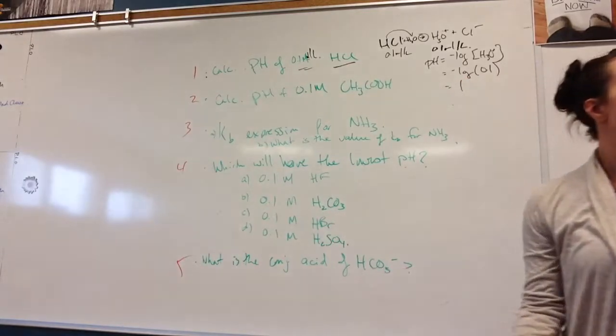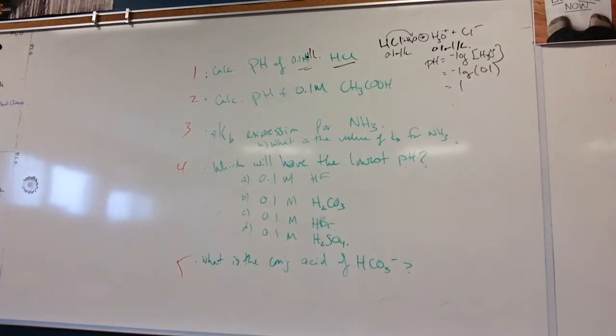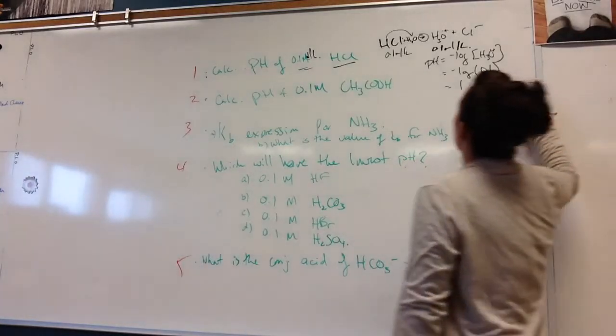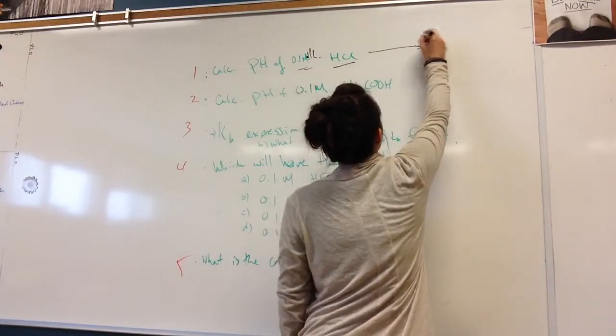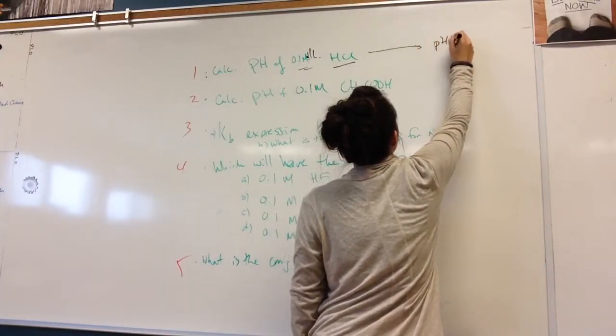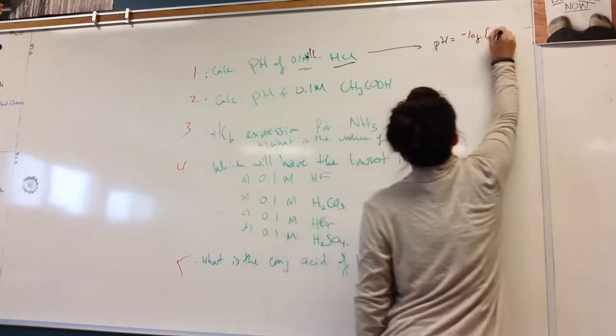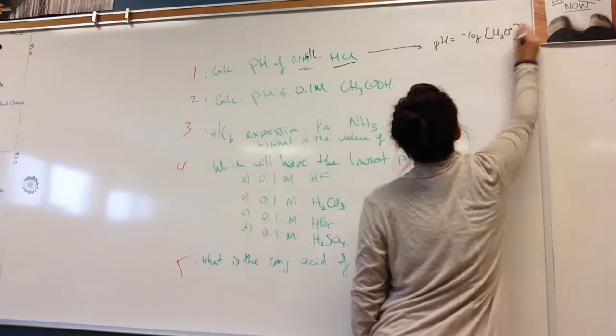And I'm done. That is Chem 20. Everybody okay with that? So the pH is 1, and I got there by going directly to pH equals negative log concentration of H3O plus.